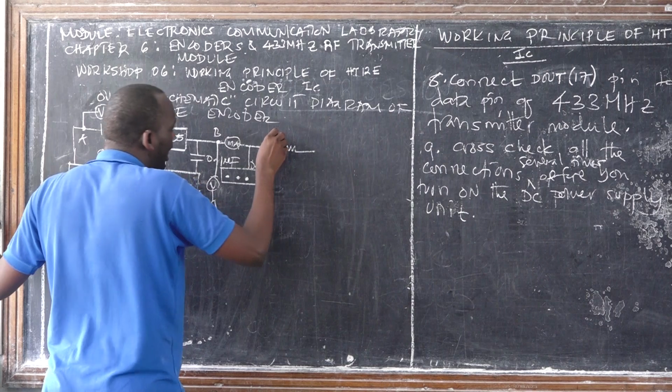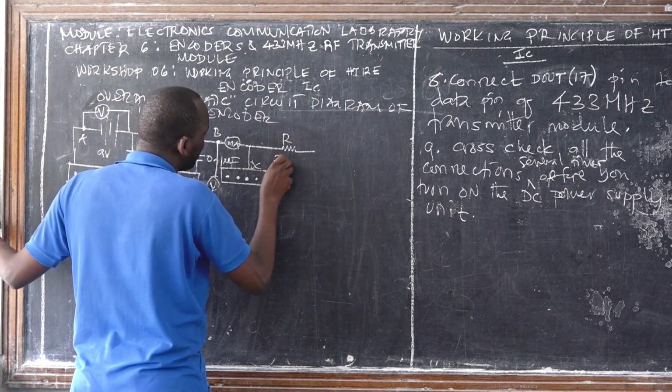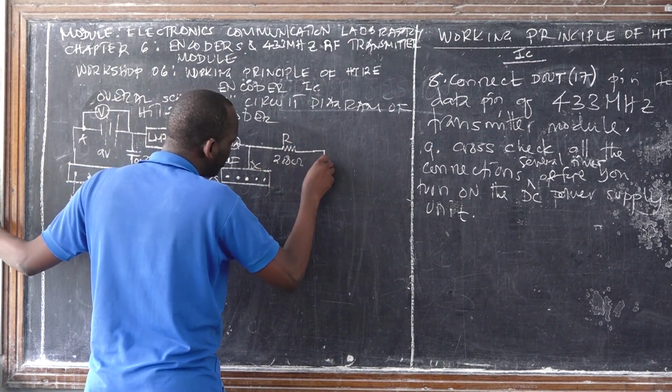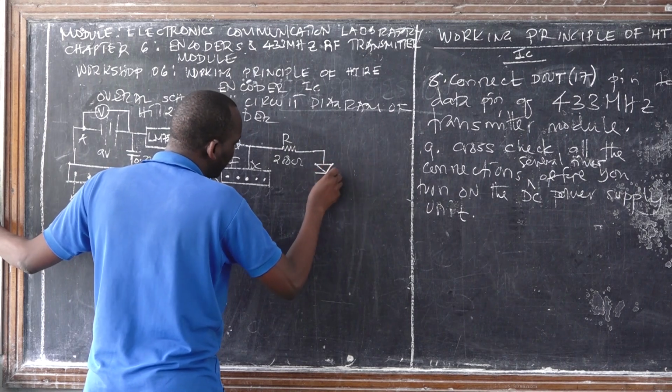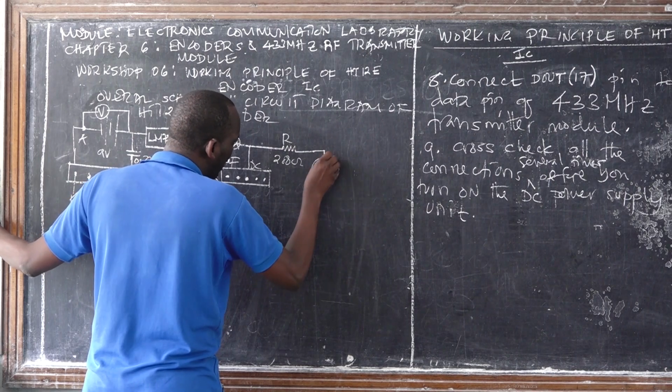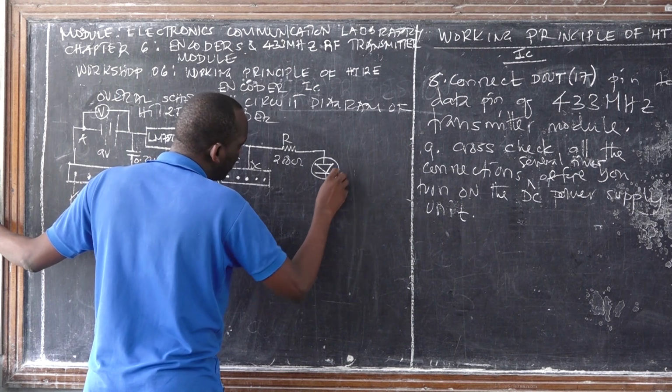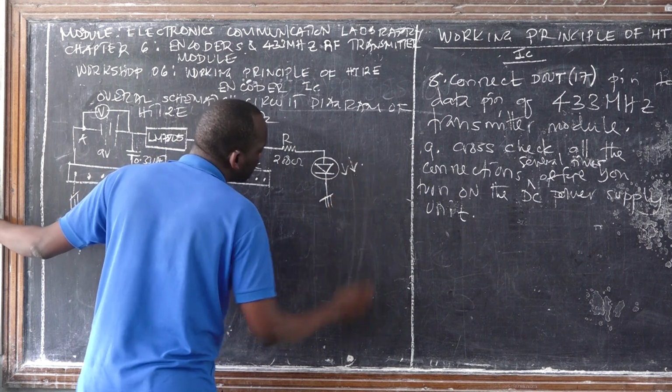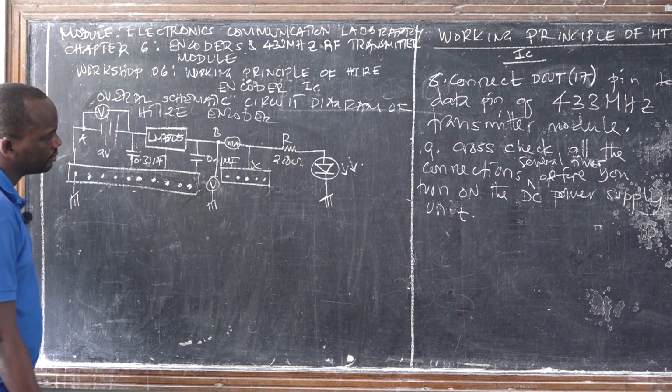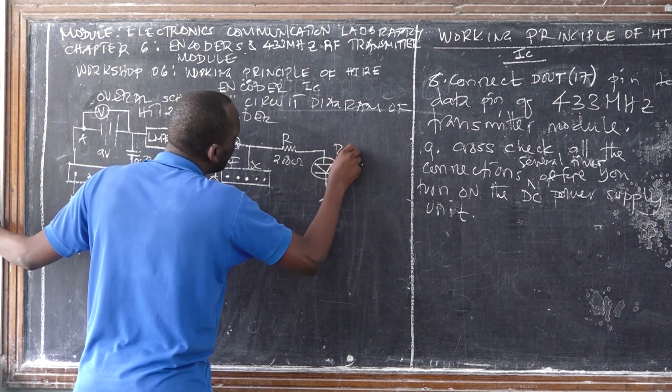Then this is the resistor. We can use just a 200 ohm resistor just to indicate the power. At this point, we have a power indicator, which is an LED. Then you have ground at this point. It can be a red LED.